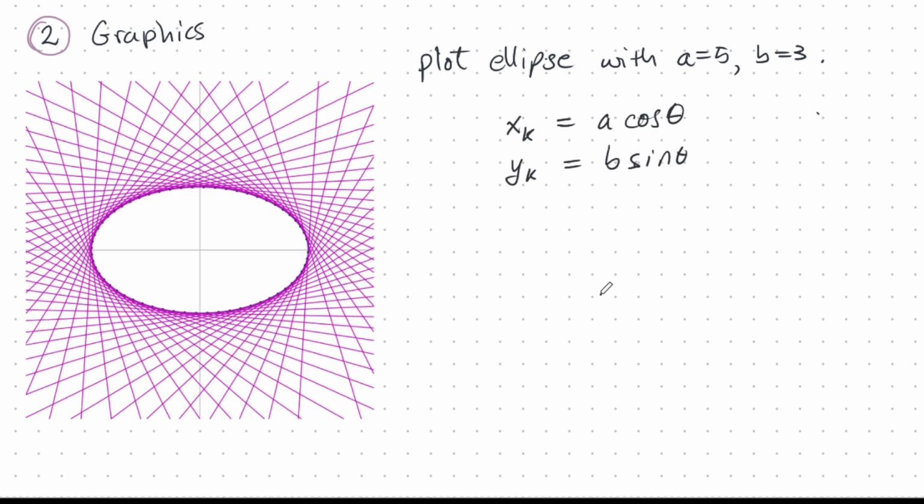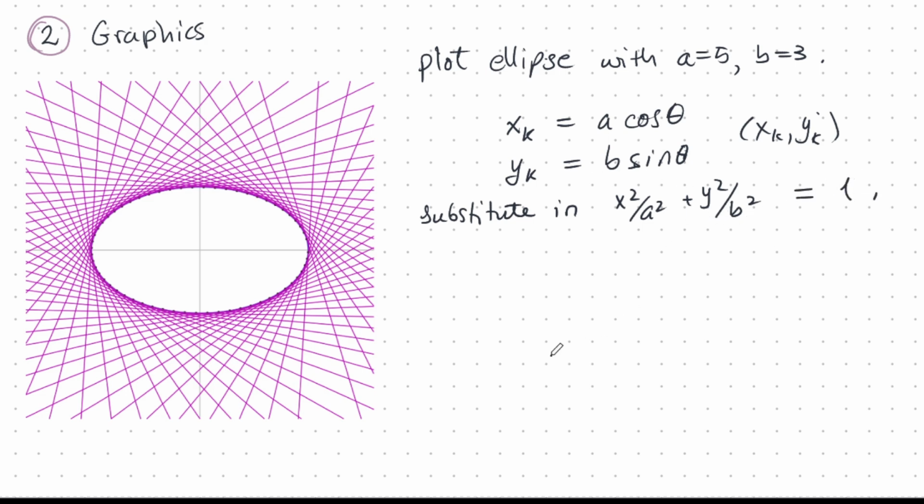So now I do this substitution, and these points xk, yk are guaranteed to be on the ellipse no matter what angle theta I choose. And you can prove that for yourself. What you can do is substitute these things in this formula and you should get 1.